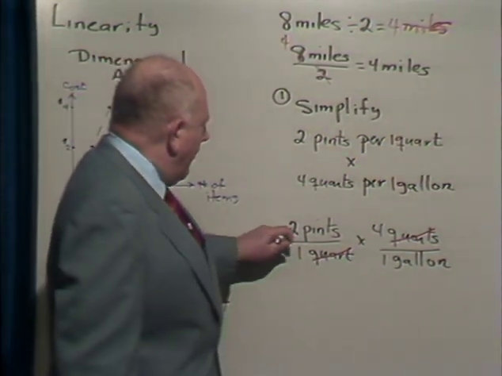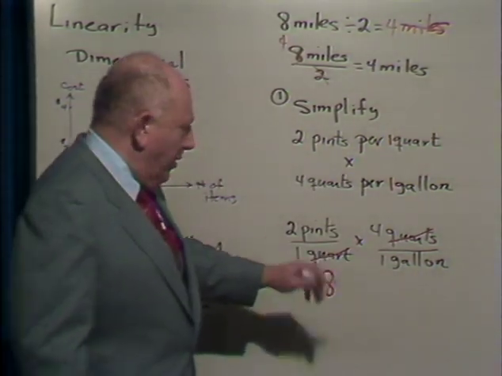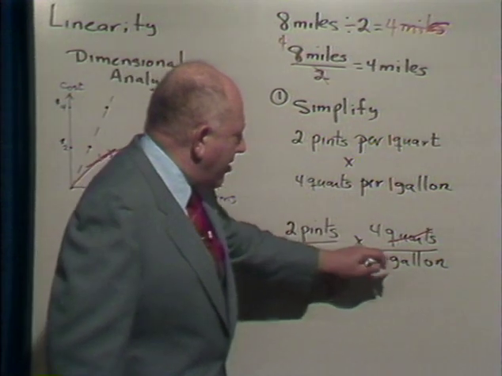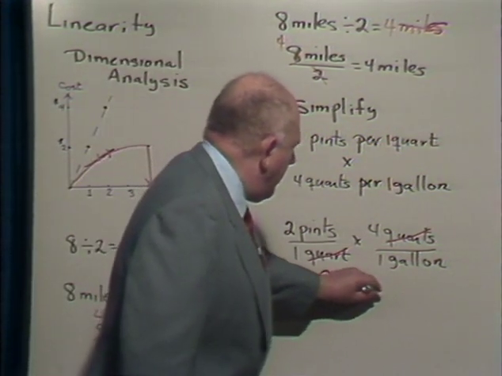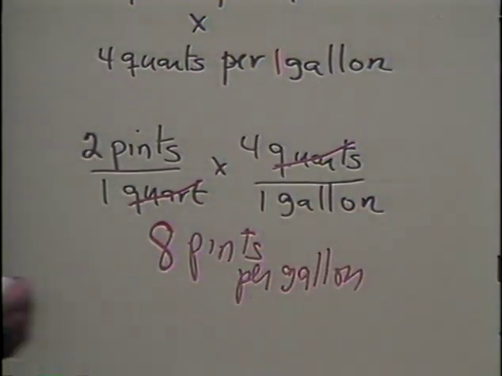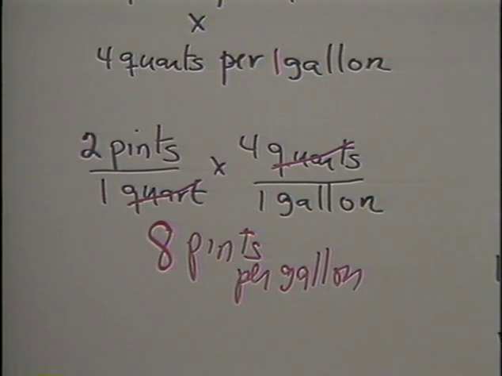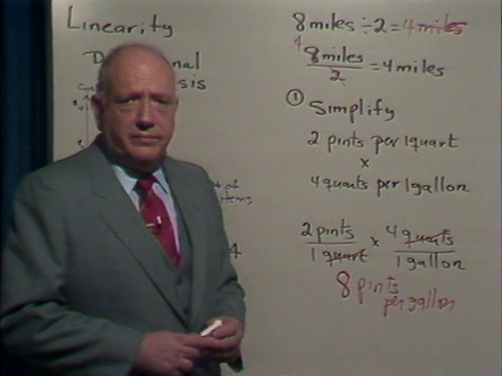What's left now? The numbers are 2 times 4, which is 8. 1 times 1 is 1, but we leave that out. The numerator is pints. The denominator is gallon. Pints over gallon is called what? Pints per gallon. A fact which checks with the real world. There are 2 pints to a quart, 4 quarts to a gallon. Therefore, there are 8 pints per gallon.